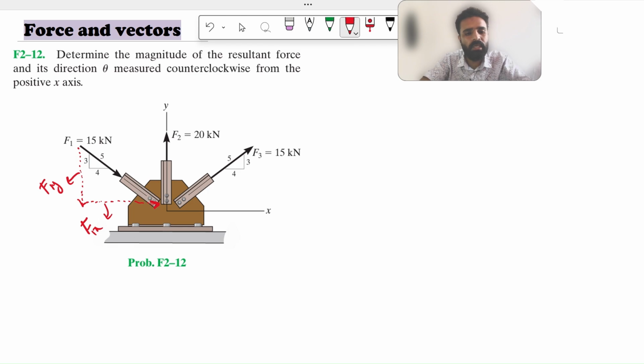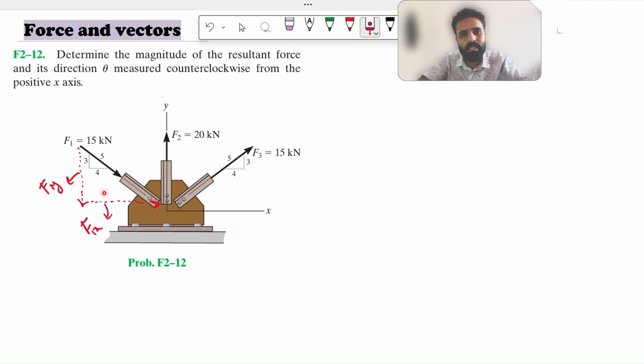So we need to find the value of F1x and F1y. For this, I'll be applying the similar triangle technique. We have this large triangle, and also we have a small triangle, which is this small triangle. So we'll apply the similar triangle technique for F1x.